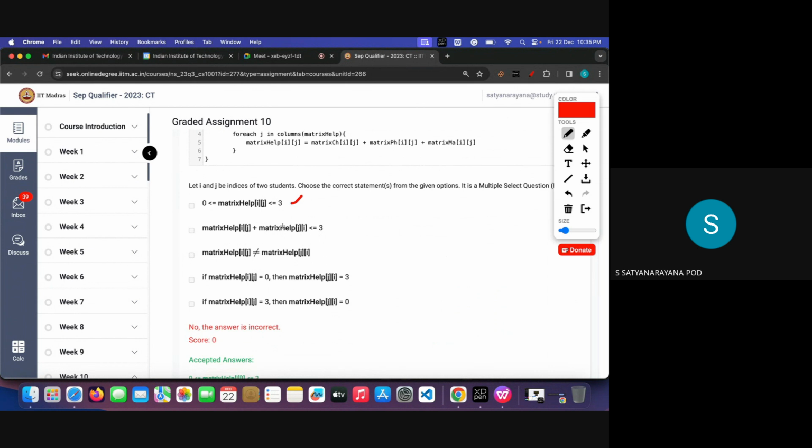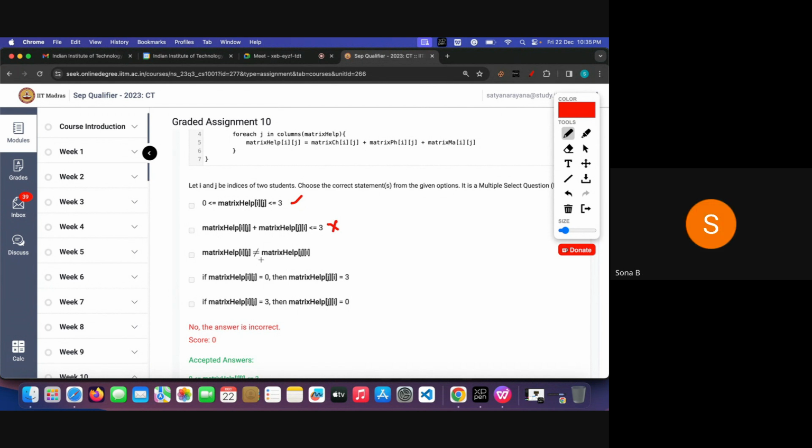I to J we made it 2, then J to I, these two we sum. I don't think this option is right, because sometimes the cumulative sum might be more than 3 also. So maybe it's wrong.